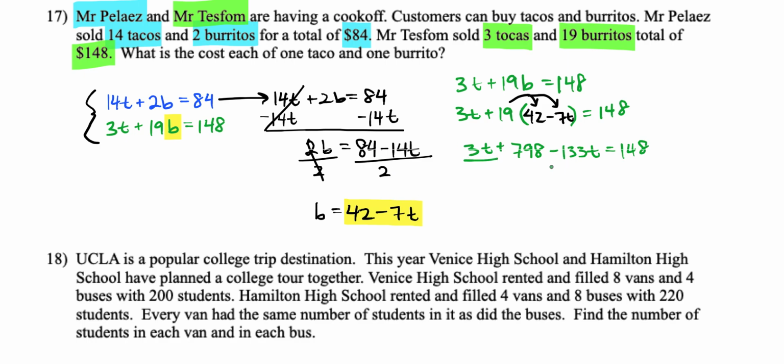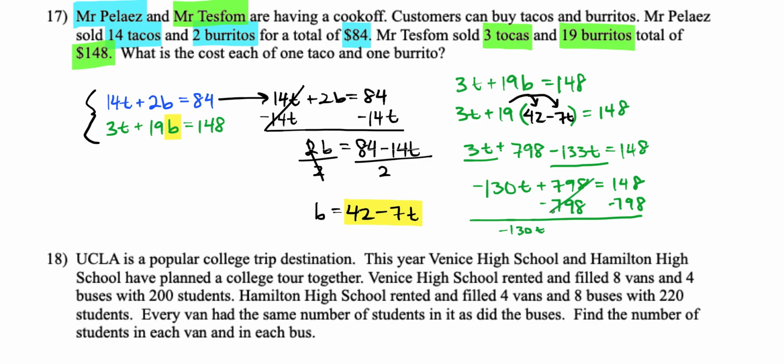My next step is to combine like terms. I have this 3t and this negative 133t, so I have negative 130t plus 798 is equal to 148. Because I want my t by itself, I'm going to subtract 798 from both sides. I'm left with negative 130t is equal to, what's 148 minus 798?